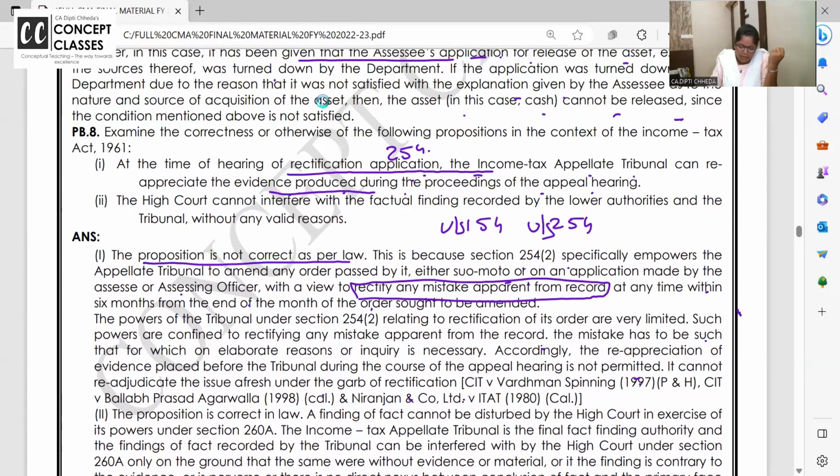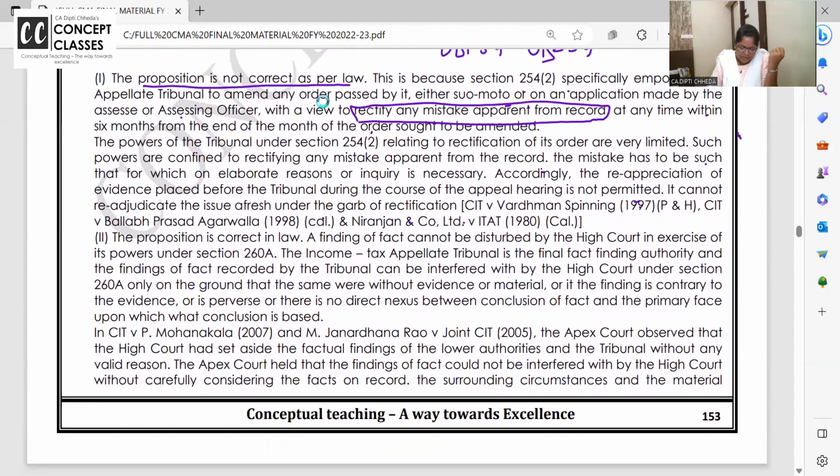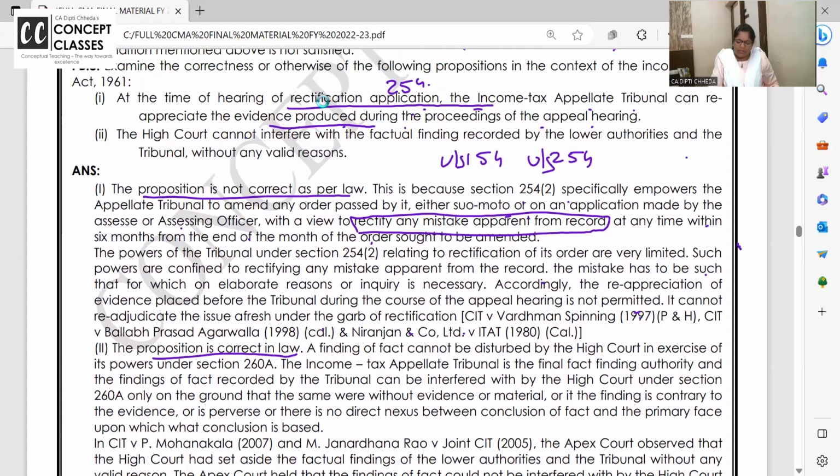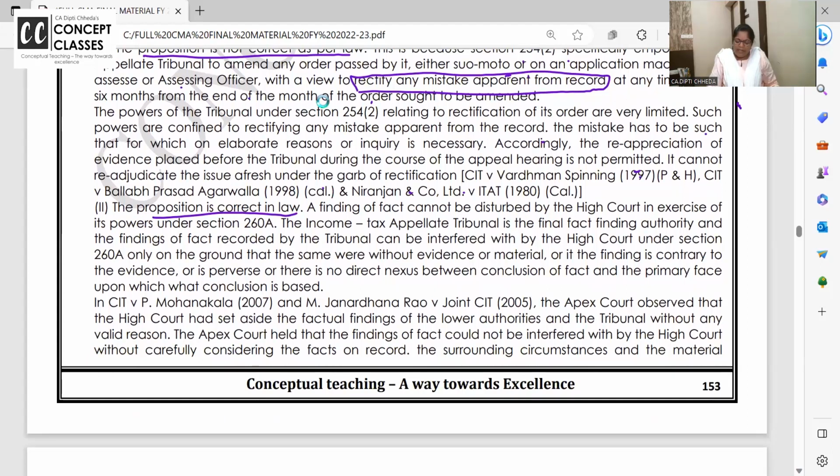Next, the High Court cannot interfere with the factual findings recorded by lower authorities and the tribunal without any valid reason. It's correct. ITAT is the last fact-finding authority. The High Court will discuss and give judgment on questions of law, not questions of fact. A finding of fact cannot be disturbed by the High Court.